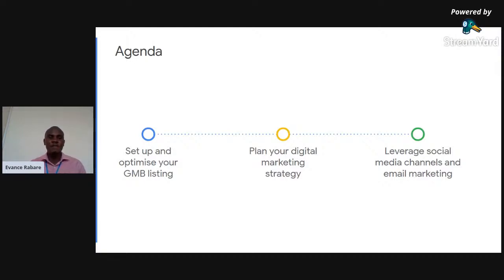And then finally, our final stop is going to be how to leverage social media channels and email marketing. Email marketing is becoming extremely popular, especially now, especially for businesses who want to promote their product. But for email marketing, the first step is you need to have a database of clients.